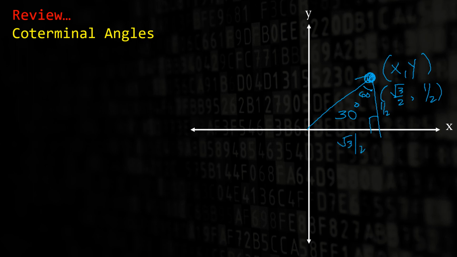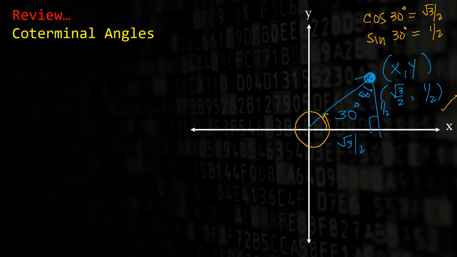Now, when we talk about coterminal angles, cosine 30 degrees is square root of 3 over 2 and sine 30 degrees is 1/2. Coterminal angles mean the same terminal side. So if you move counterclockwise and stop here, we'll also have the same coordinates.